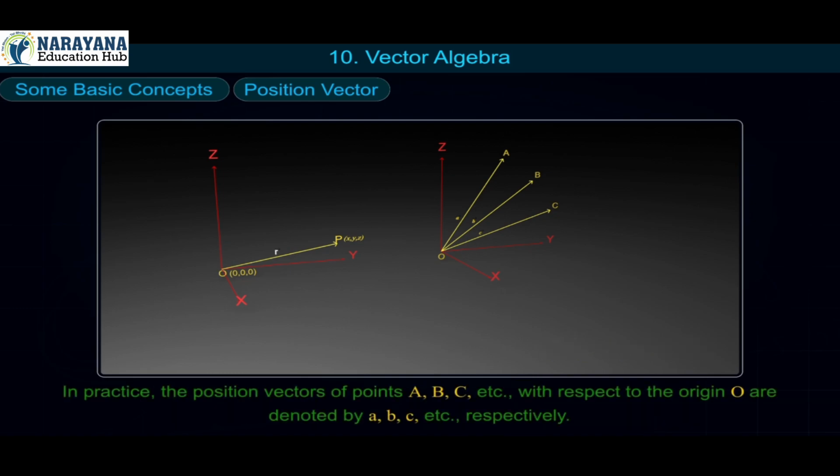In practice, the position vectors of points A, B, C, etc. with respect to the origin O are denoted by vector a, vector b, vector c, etc.